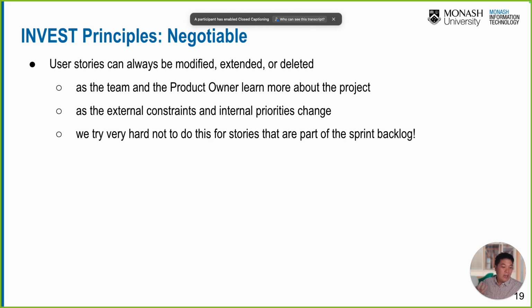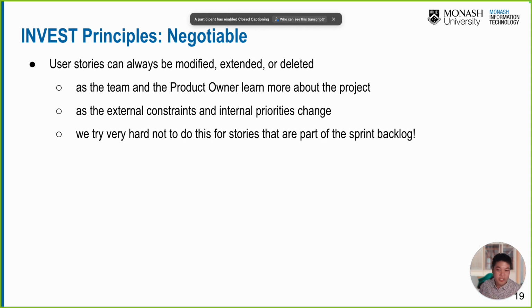Next is negotiable. It should be able to be modified, extended, and deleted as the team and the product owner learn more about the project, right? As the external constraints and internal priorities change, there are so many factors that happen during product development. So the user story itself should be able to be modified, extended, or deleted.